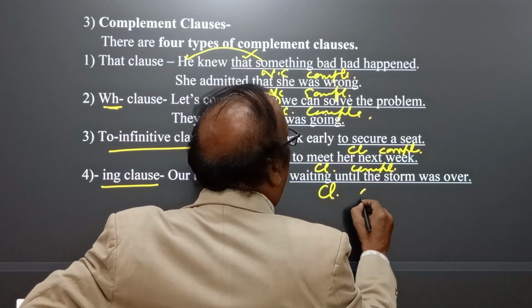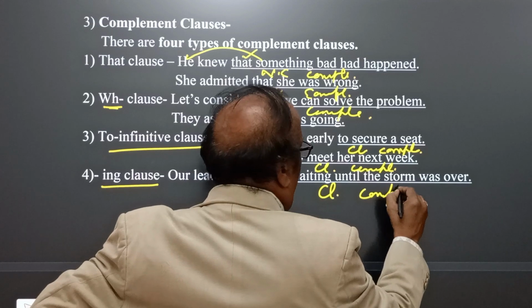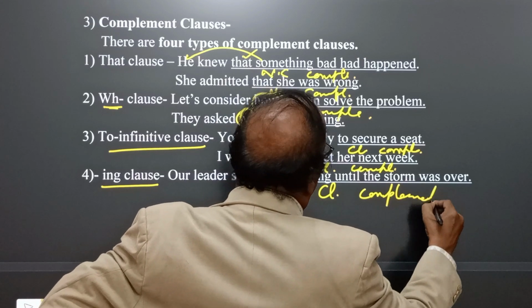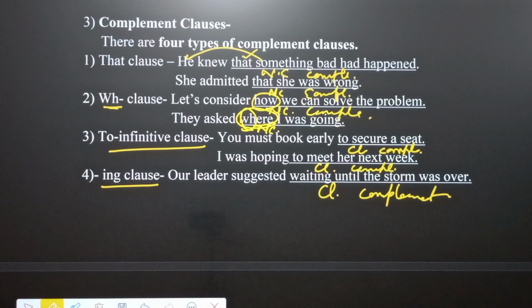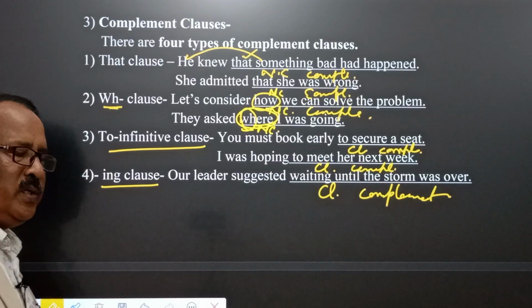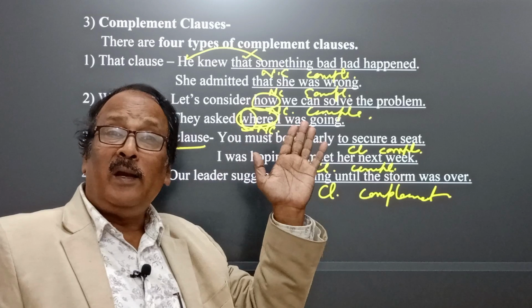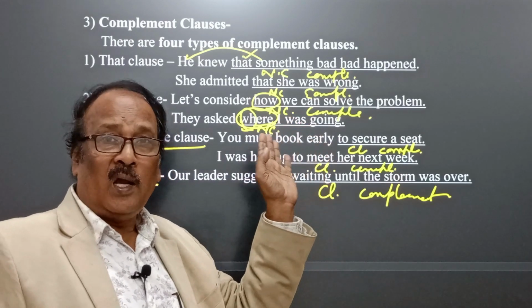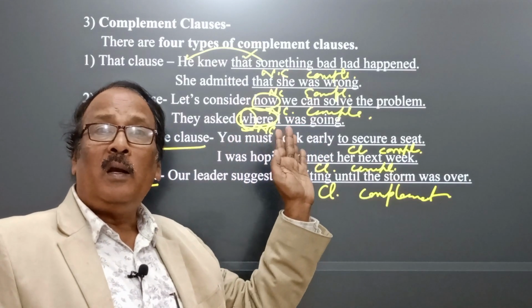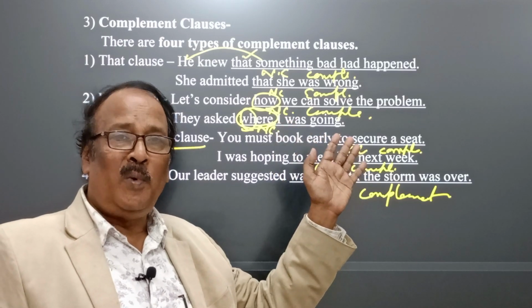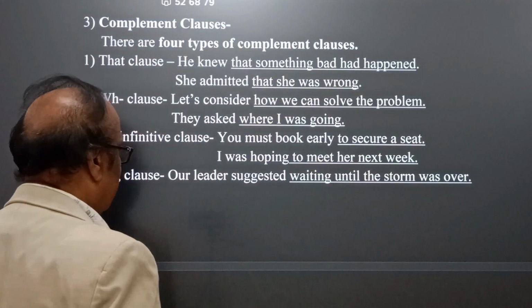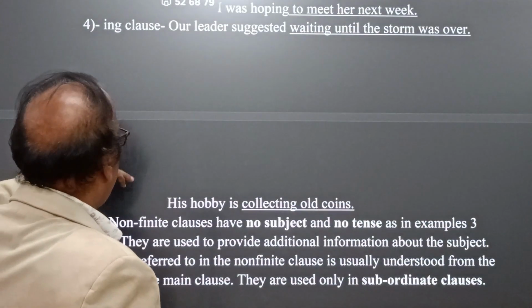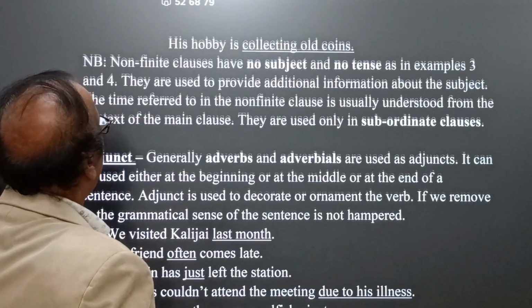And the matter is now clear. Then with this that clause, WH clause, to infinitive clause, and ing clause, all these clauses are used to give a complete idea about any matter, and they are also regarded as complements. Yes, this is also a very interesting part of our discussion. Now come to the next, that is adjunct.